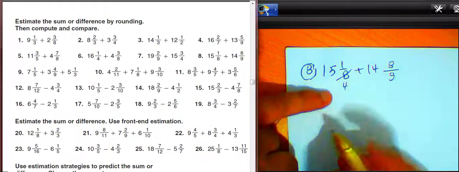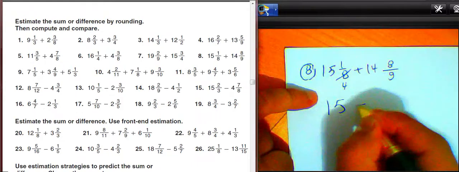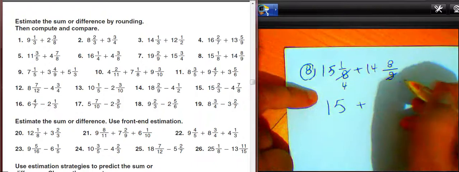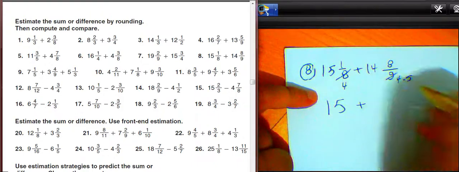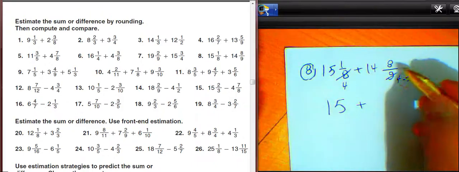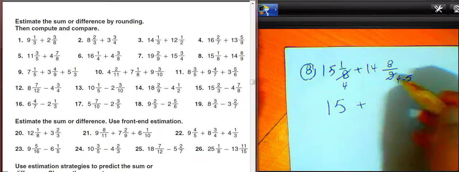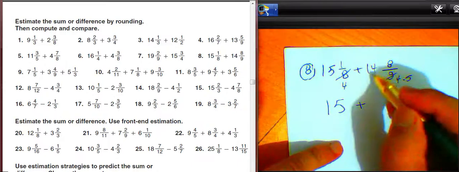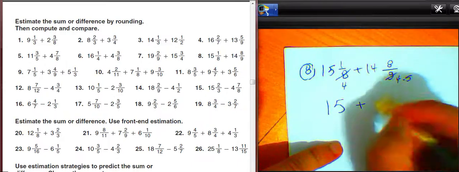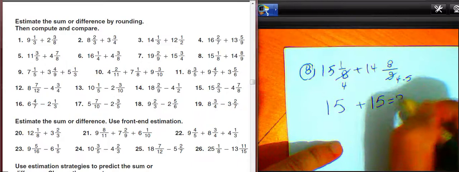So this number is nearest to 15. Plus half of 9, which is 4.5. 8 is more than 4.5. So we can give 1 to 14, or 14 and 8 over 9 is nearest to 15. 15 plus 15 equals 30.